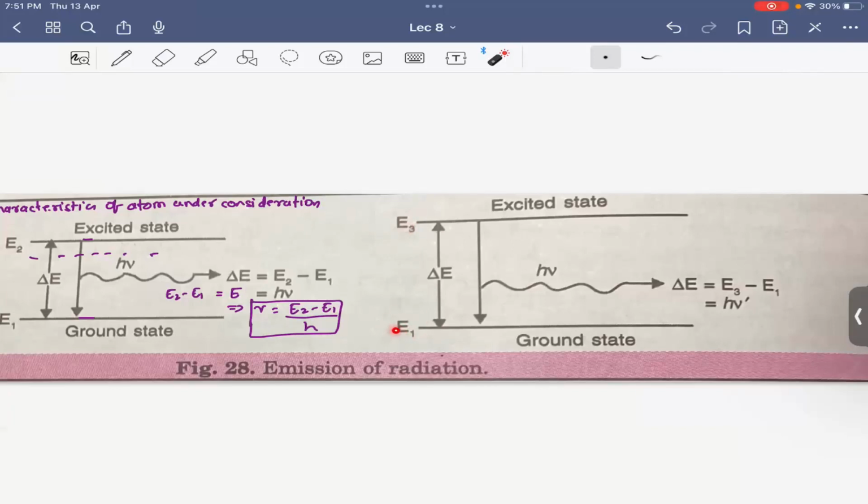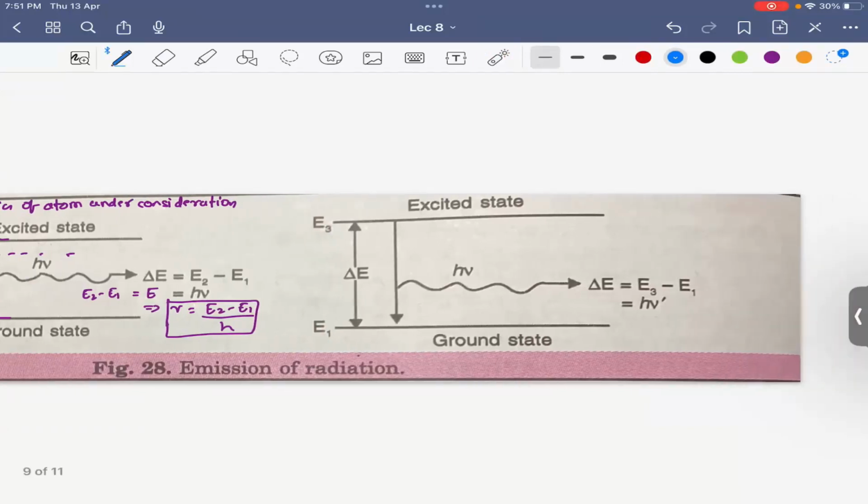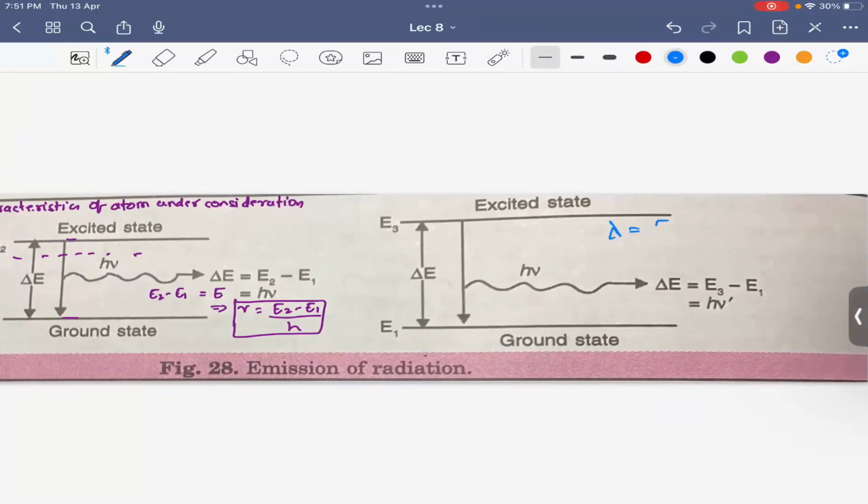The wavelength of the emitted radiation, lambda dash, would be E3 minus E1 divided by h. Similarly, if the electron jumps from E5 to E1, lambda double dash would be E5 minus E1 divided by h.